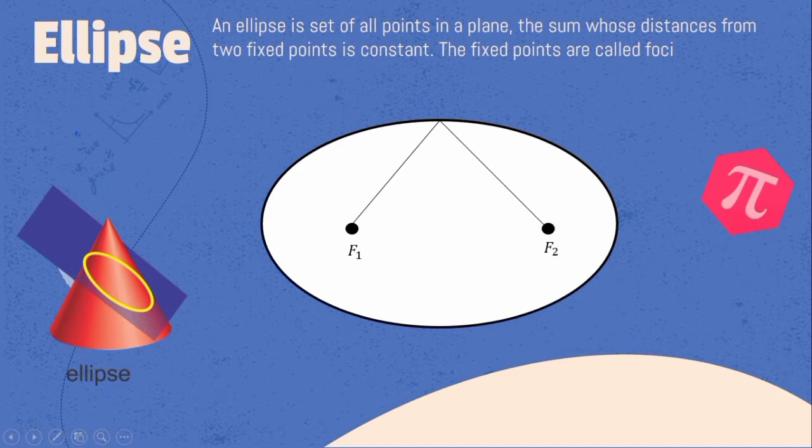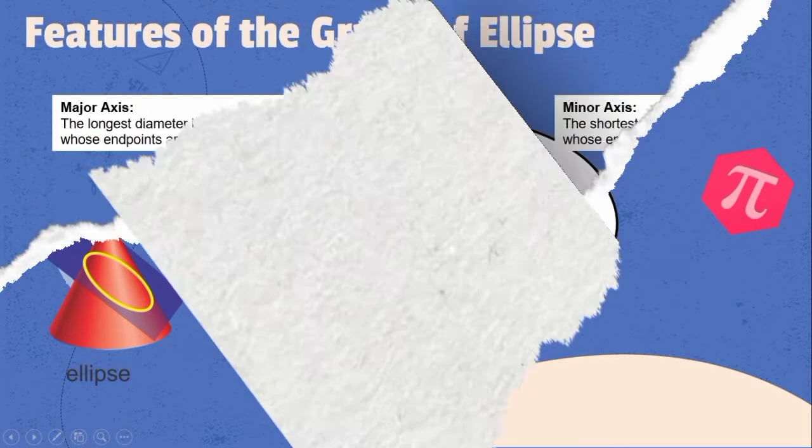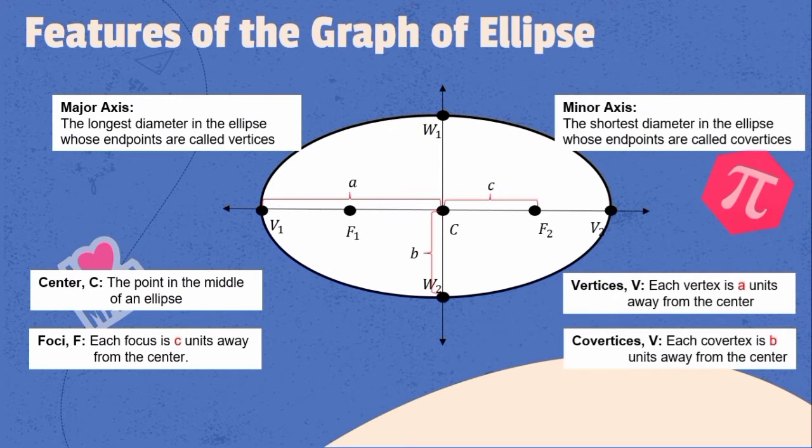So whether we will be considering this point, or this point, or this point, or this point, or any other point in the plane, then we will still arrive at the same constant answer, which is the distance of the first focus to the given point plus the distance of the second focus to the same point is equal to 2a. To know what 2a means, let us proceed to the features of the graph of an ellipse.